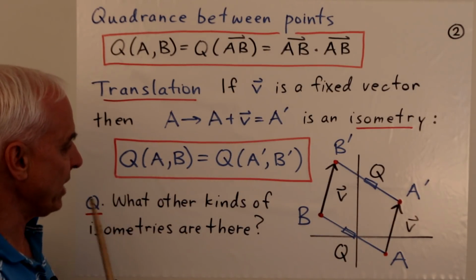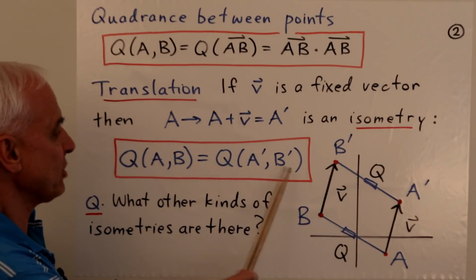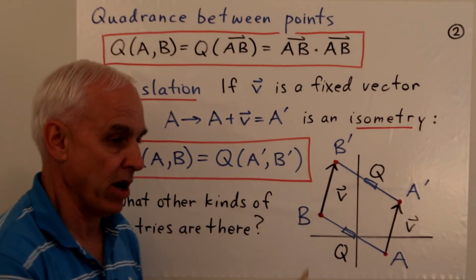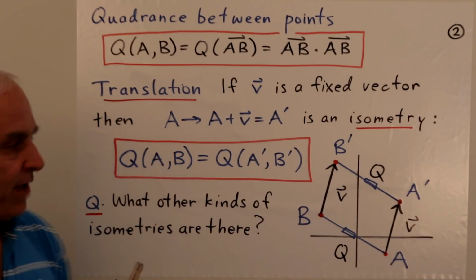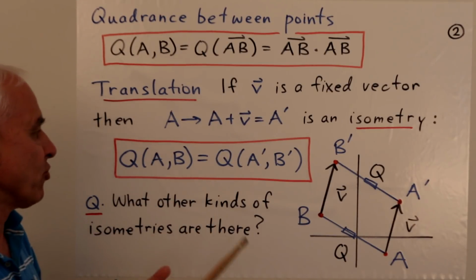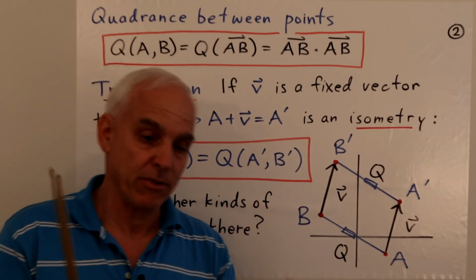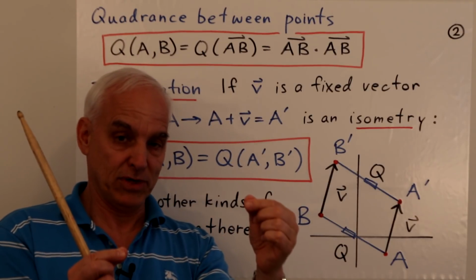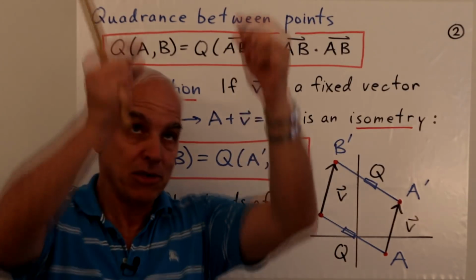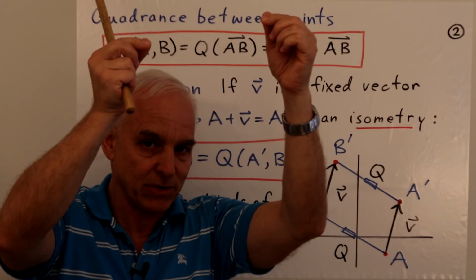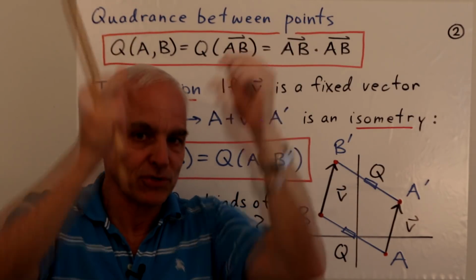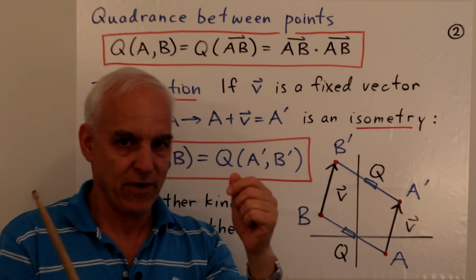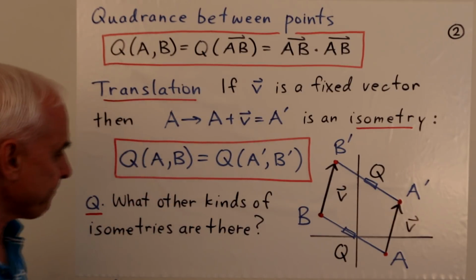So the quadrance between A and B originally is the same as the quadrance of the points A prime, B prime that they are moved to. This is the defining crucial property of an isometry, that if the quadrance between these 2 points is 7, and then you move them over here with respect to this isometry, the quadrance will still be 7. And that should be true for any 2 points in the plane.